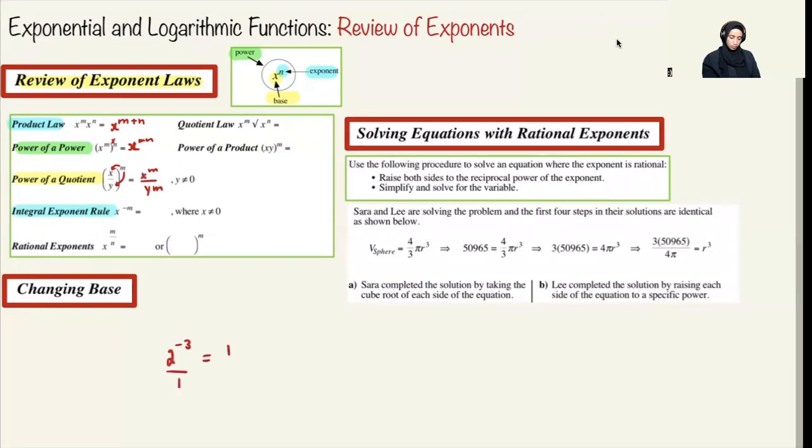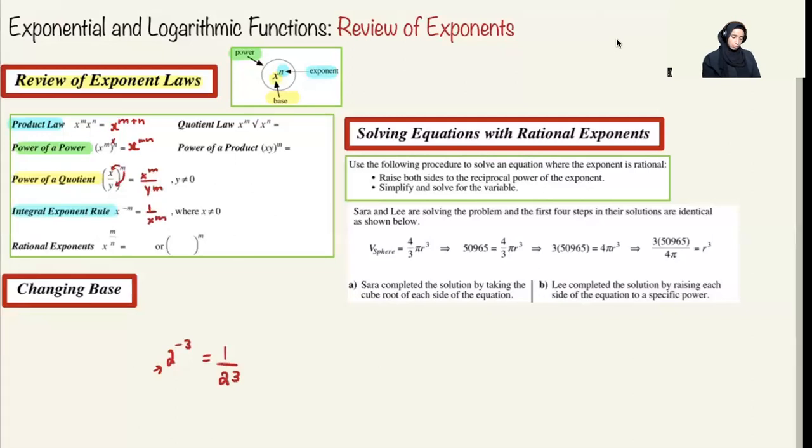So if this is over 1, I flip it, or I technically just bring this 2 to the denominator. So I go, oh, that's 1 over 2 to the power of a positive 3. So you bring the base to the denominator and then you give it a positive power. So over here, it's going to be 1 over x to the power of a positive m.